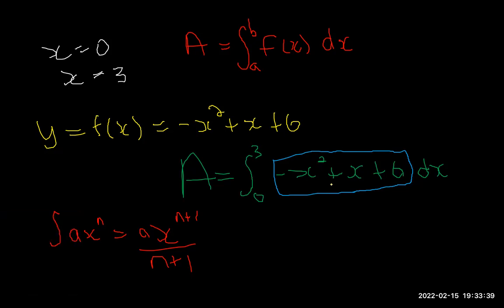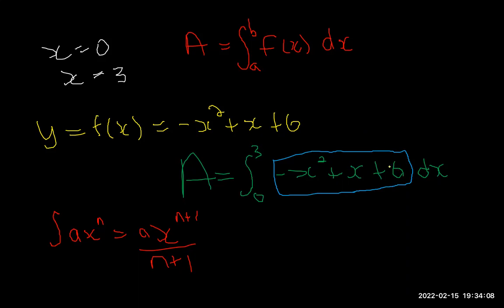And we know from when we practiced before, when you have sums and differences, so a minus sign and a plus sign, that doesn't affect anything, right? You apply this rule for each term. You use this rule to find the integral of this term, minus x squared, you use the rule to find the integral of x, and you use the rule to find the integral of 6. That's all you're doing, finding the integral of each individual term.